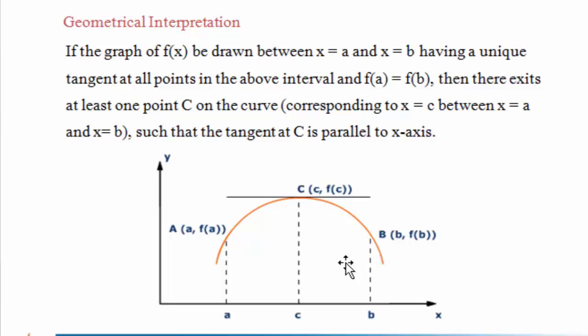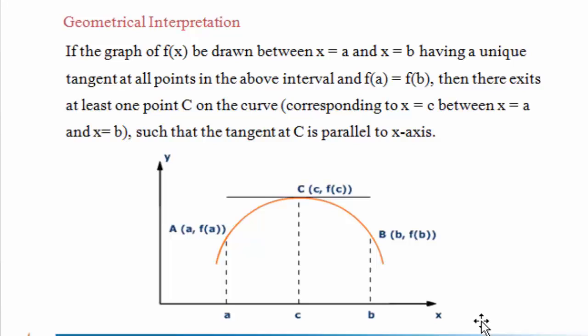Then there exists at least one point C on the curve such that the tangent at C is parallel to the x-axis. Tangent at C parallel to the x-axis means derivative at point C is 0. This is the geometrical interpretation of Rolle's theorem.